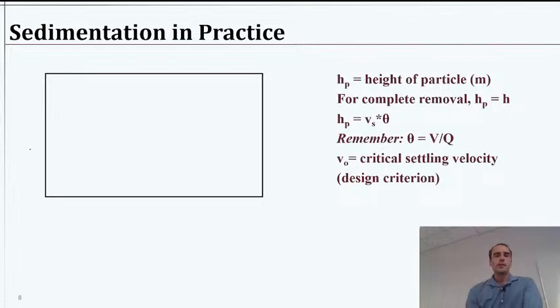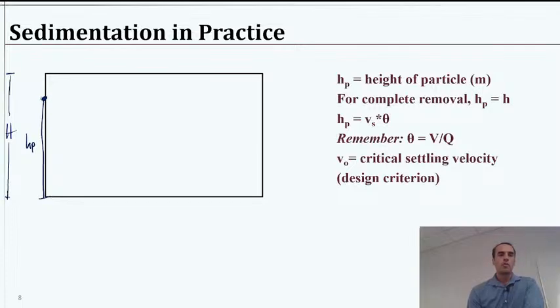Okay, so let's consider a reactor with some total height, and then the height of a given particle being hp. So if we put a particle right here as it enters, then that height is hp, whereas the total height would be this guy.